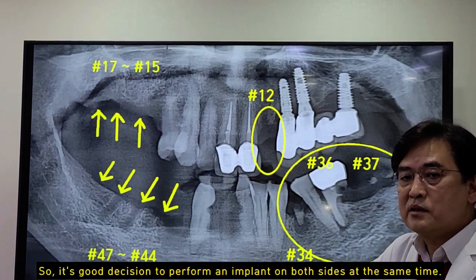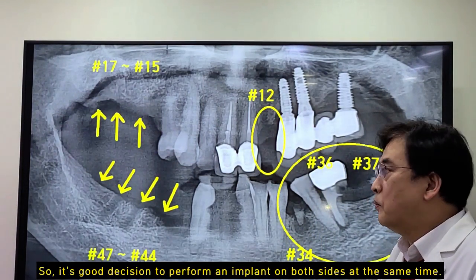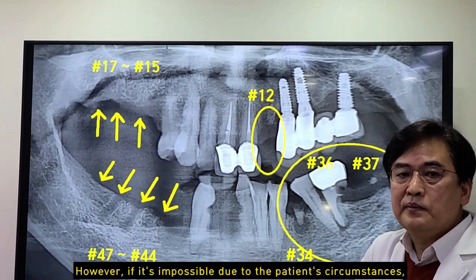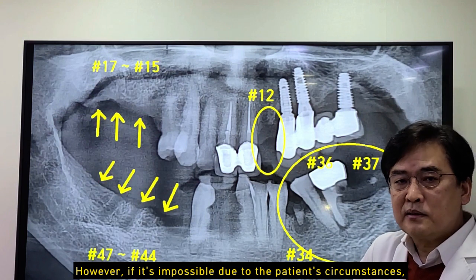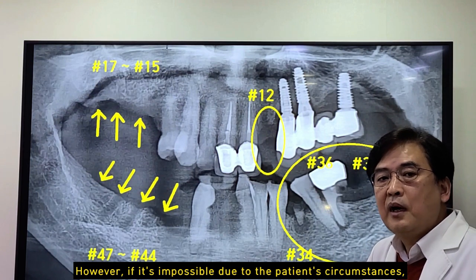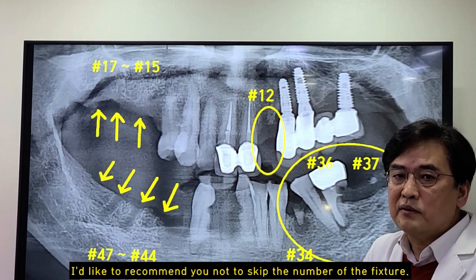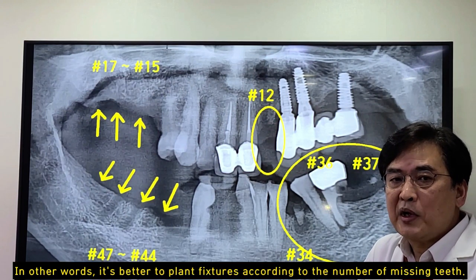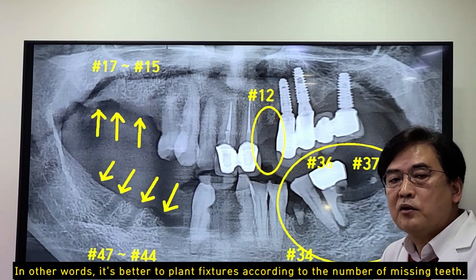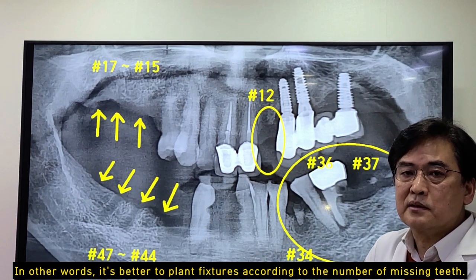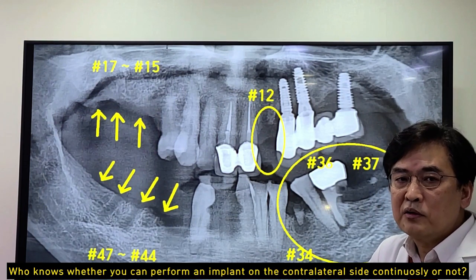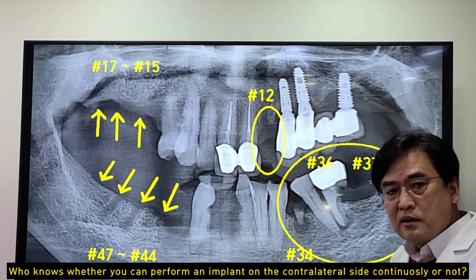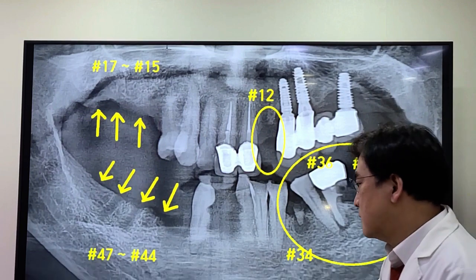So it's a good decision to perform implants on both sides at the same time. However, if it's impossible due to the patient's circumstances, I'd rather recommend you not to skip fixtures. In other words, it's better to plan the fixtures according to the number of missing teeth. Who knows whether you can perform an implant on the contralateral side later or not.